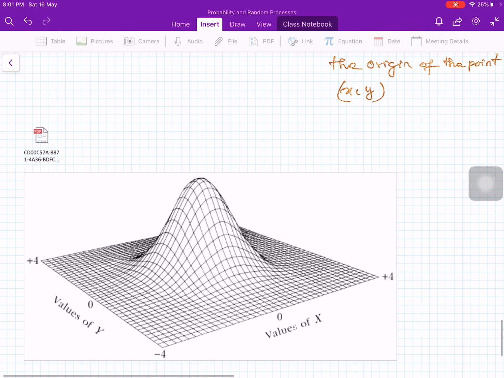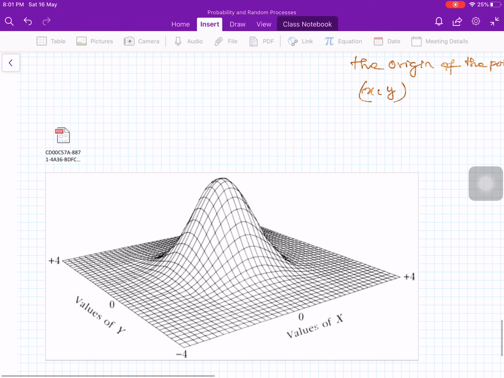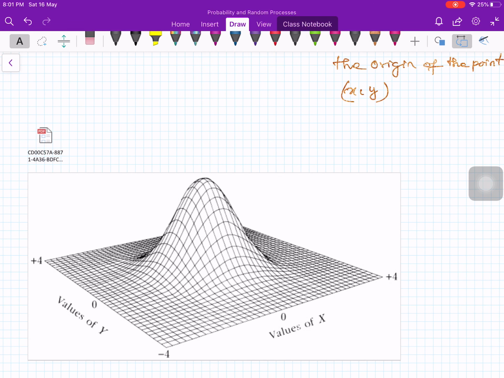So the picture looks like this. This is standard normal, and this is the x-axis, and this one is the y-axis. Okay, so like this. This is your f x comma y of x comma y.